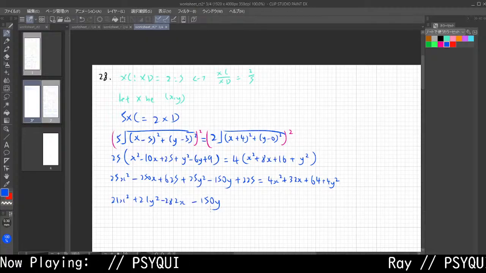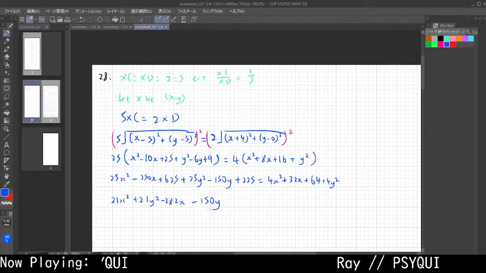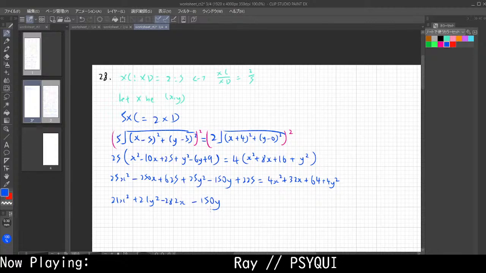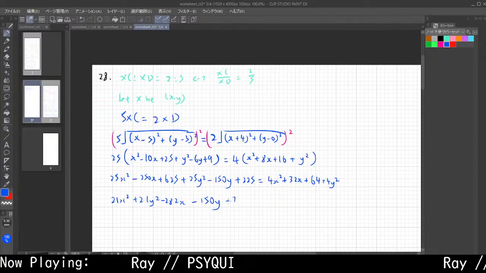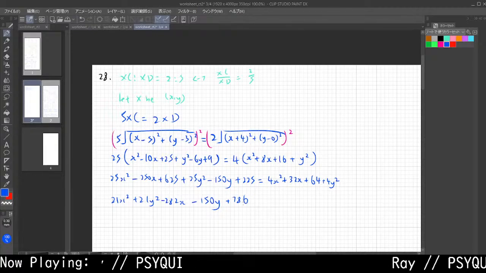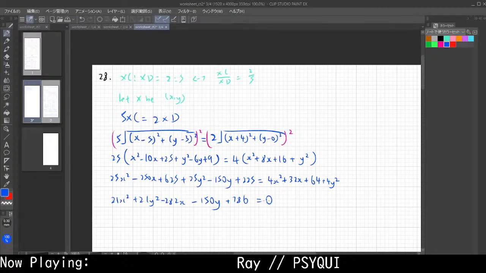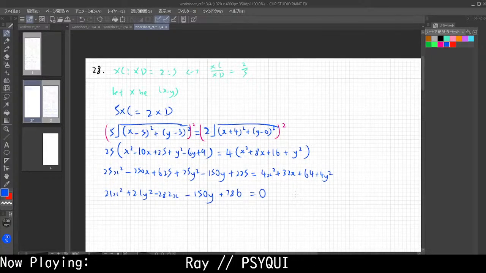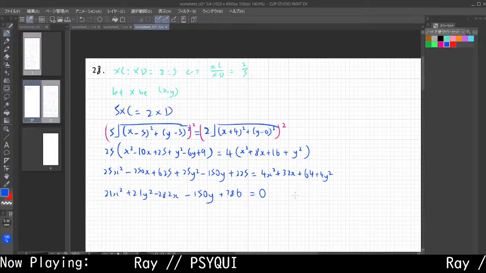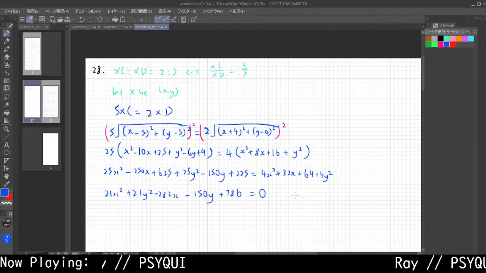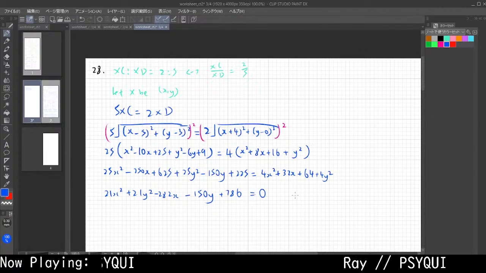How much number? 625, 225, 850 minus 786 plus 786. Equal to 0. Can this be simplified? Divide by 3.